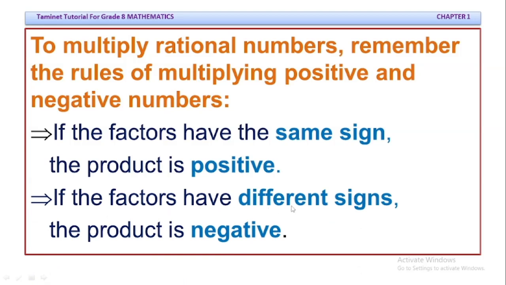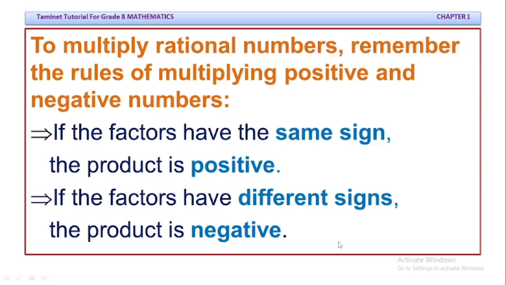If the factors have different signs, then the product is negative. Now this statement is only used if there are two factors, otherwise the sign will be different. For example, we can count the negatives in the factors.